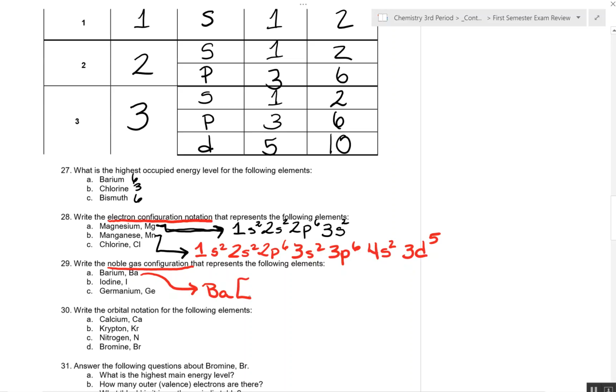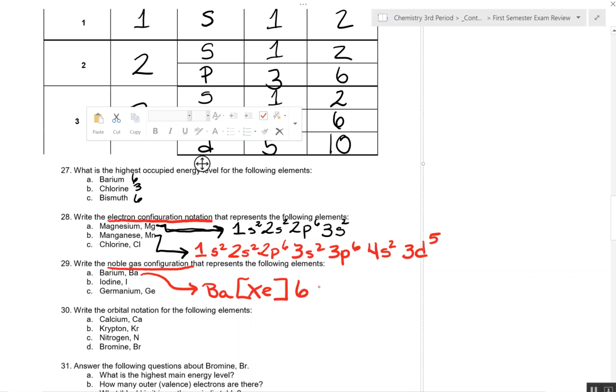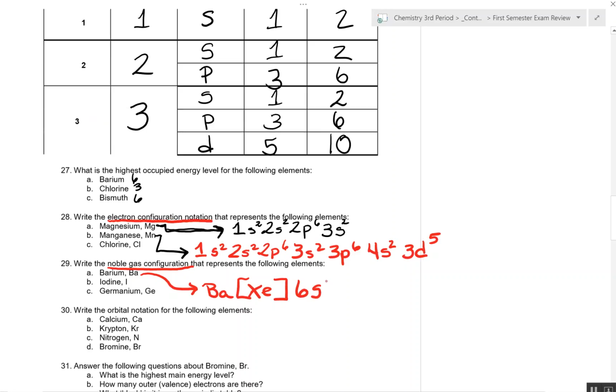Xenon, so you can put in brackets Xe. That eliminates a lot of S's and P's and D's. What energy level is barium in? 6. What block? S. Which position? 2. Right there.